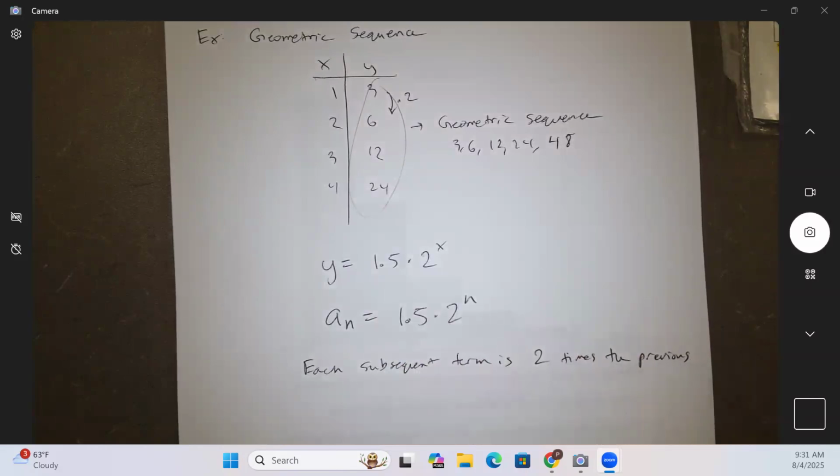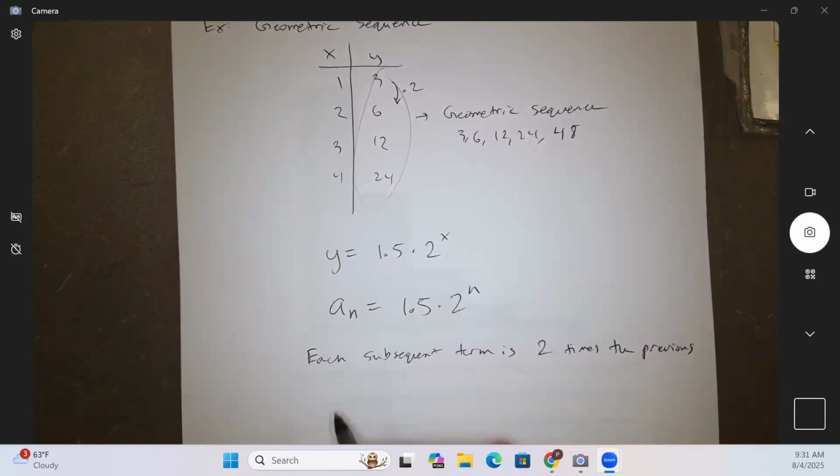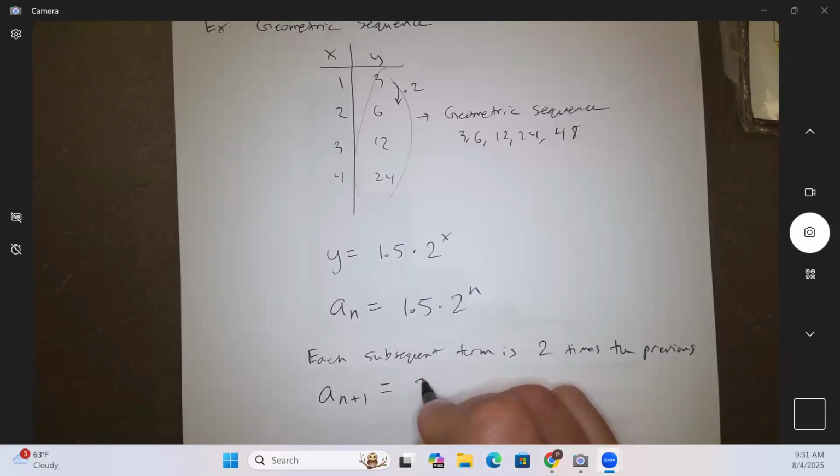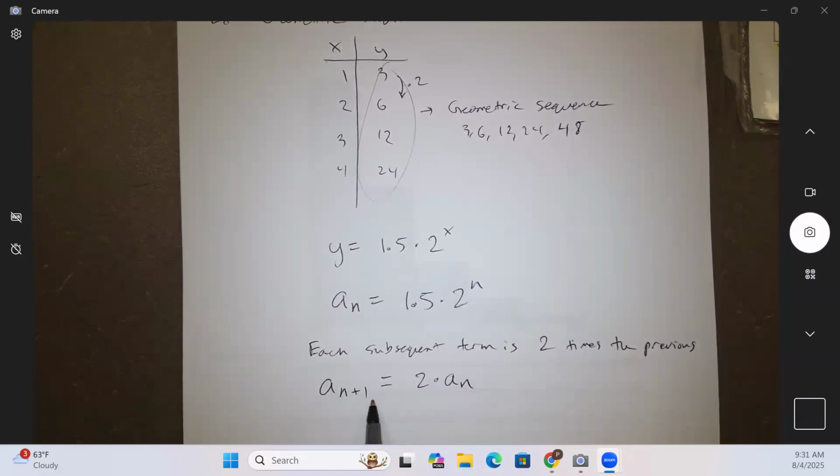That's exactly what an exponential function does. You multiply by 2 each time. So a sub n plus 1 is just going to be 2 times a sub n. And the very first term is 3.